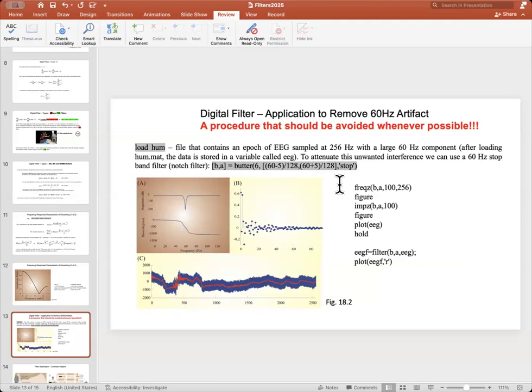And the nice thing is, you can create the Bode plot for that filter, because if you know the B and the A coefficients, you can use the freqz command, and then you get a Bode plot. You can see, oh yeah, in panel A it's a very nice filter. You can see it cuts in nicely around 60 Hertz.